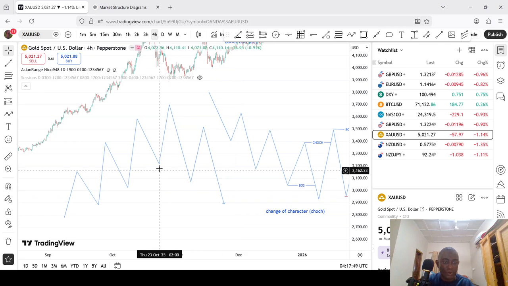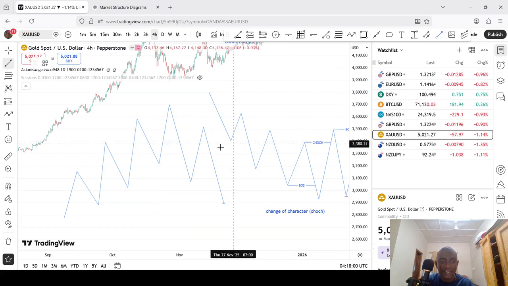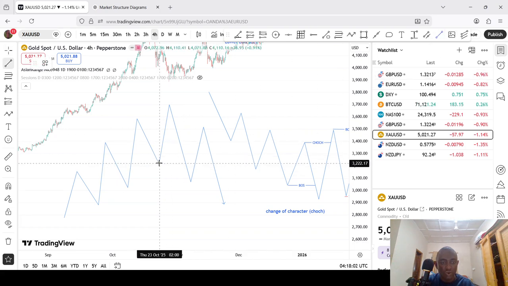So with this, because we're following this structure, I just want to mark our last strong low. Here was supposed to be our strong low. You get it?